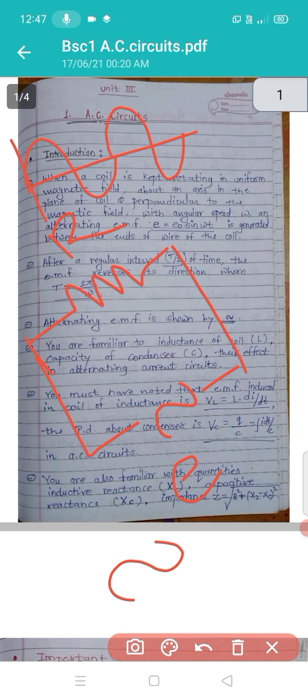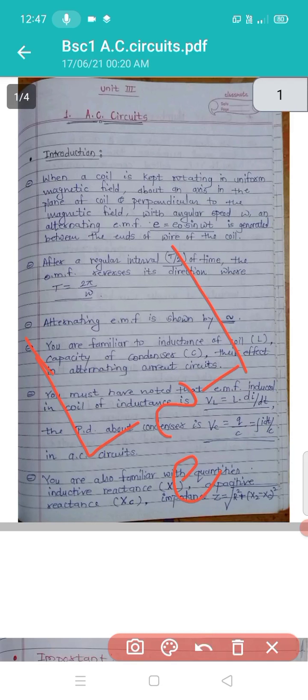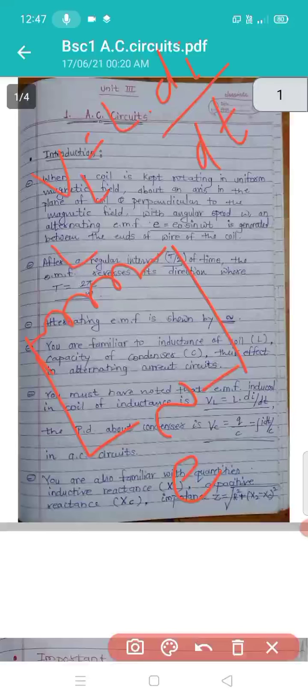You are familiar with the inductance of a coil and the capacity of a condenser, and their effect in AC circuits. You must have noted that the EMF induced in a coil of inductance L, if we connect the inductor L, is VL equal to L into di upon dt, where I is the current.